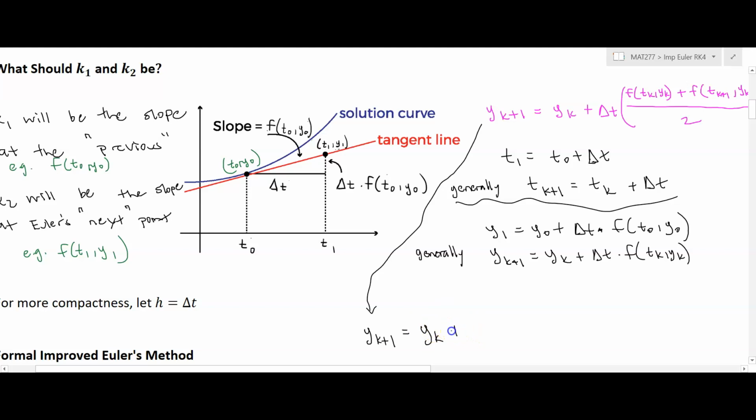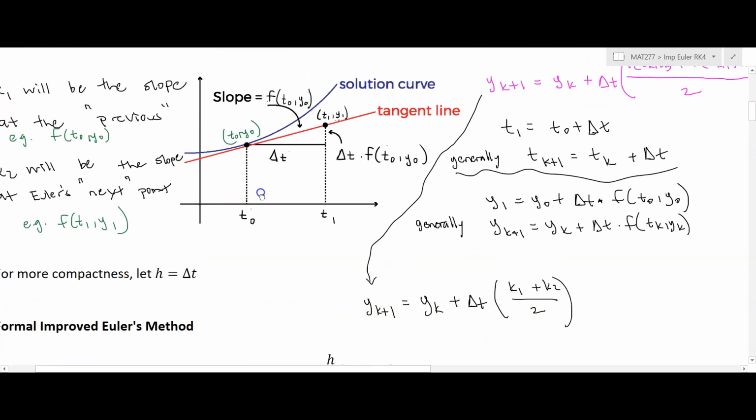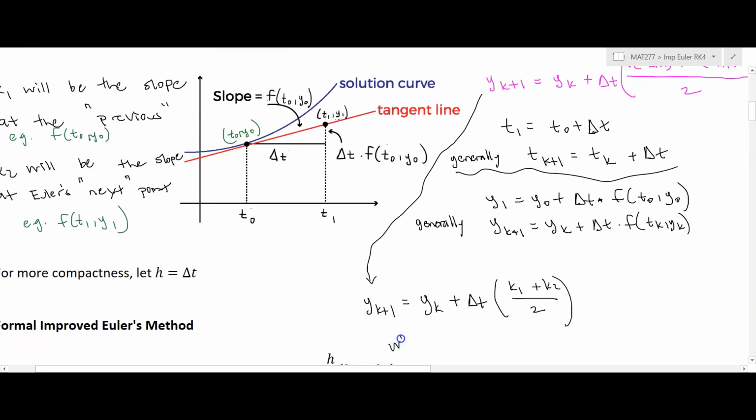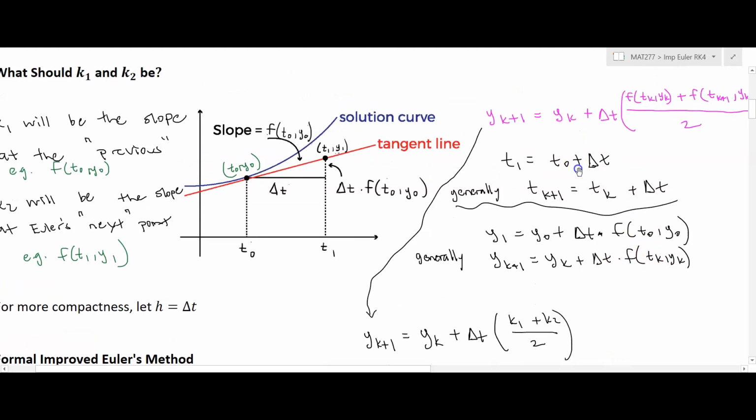So y sub k plus delta t times, and in parentheses I'm just going to write k1 plus k2 over 2, where, and now we'll go ahead and define these guys, k1 is just, again, the slope at our previous point, f of tk, yk, and where k2 is the slope at the point tk plus 1, yk plus 1.